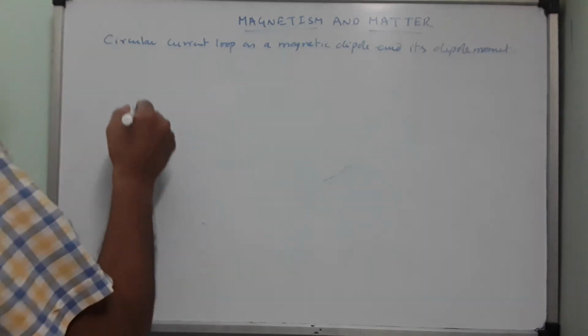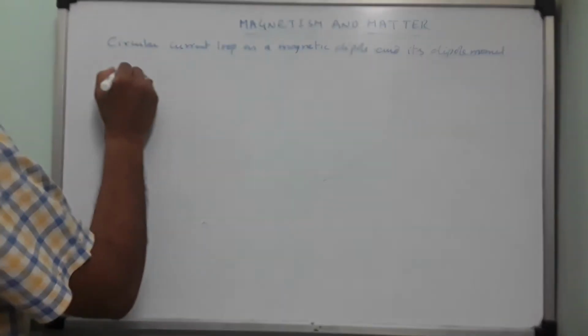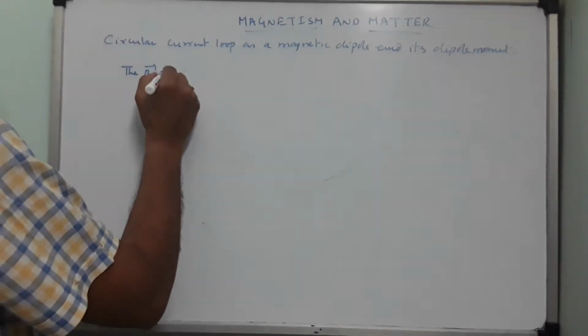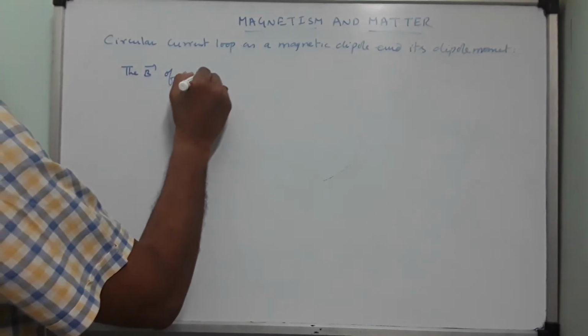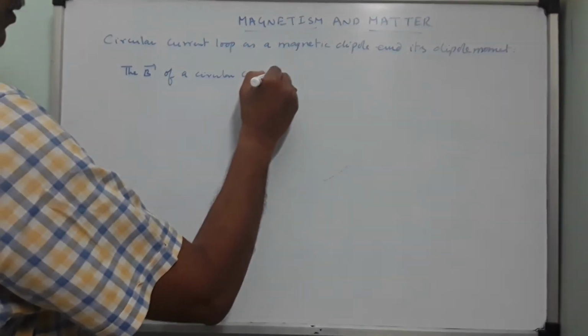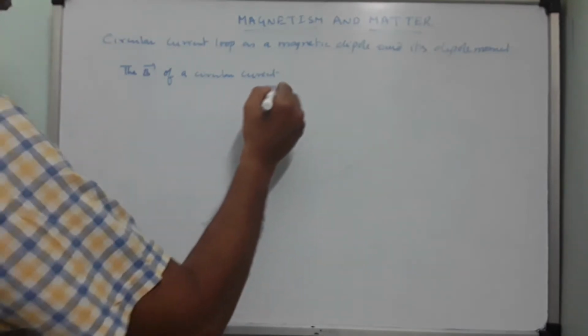So the magnetic field of a circular current carrying loop. If there is no current, there is no field.